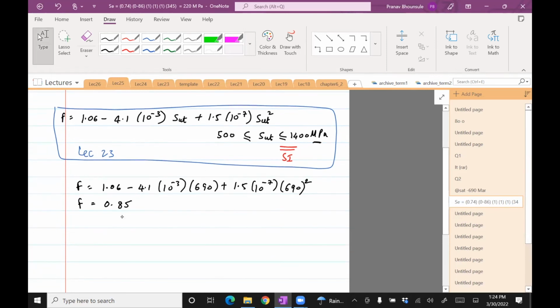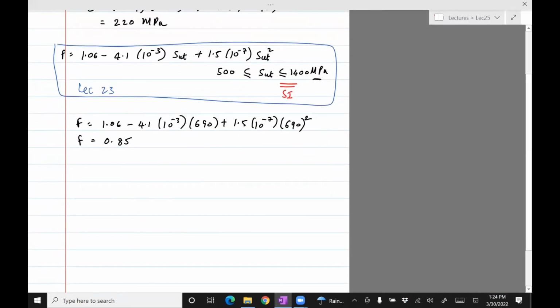Okay, so now we are all set to compute the factors A and B for estimating the life. So A is F SUT squared divided by SE, which is 0.85 times 690, the whole squared, divided by 220. The answer is in MPa, 1564 MPa.